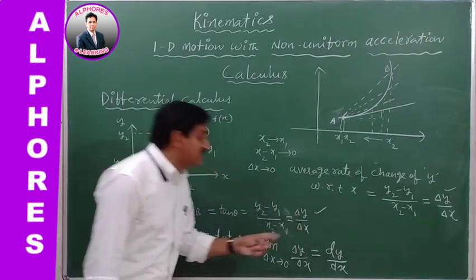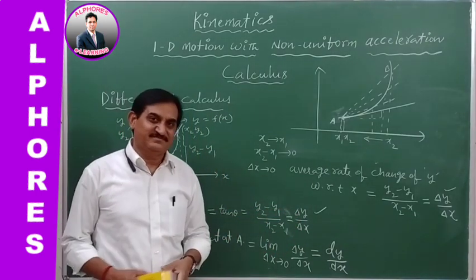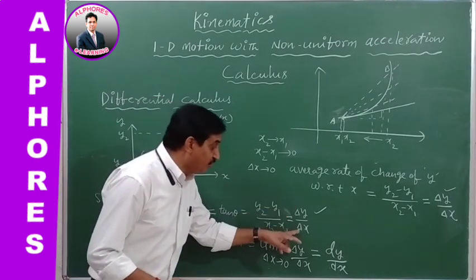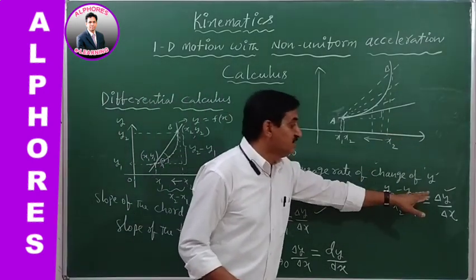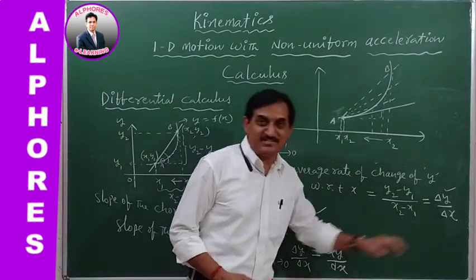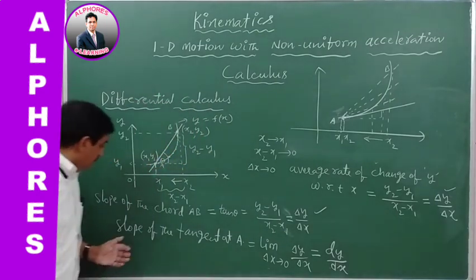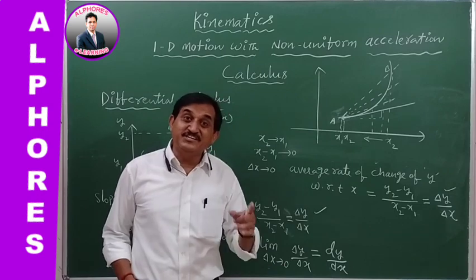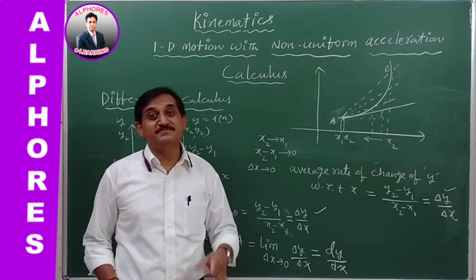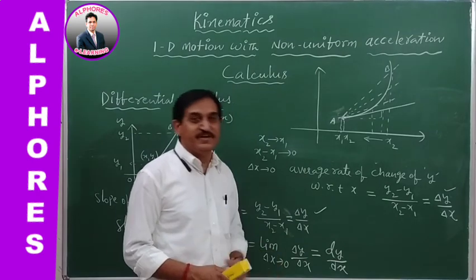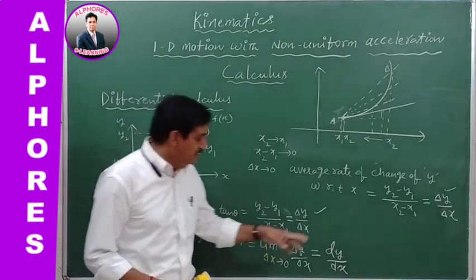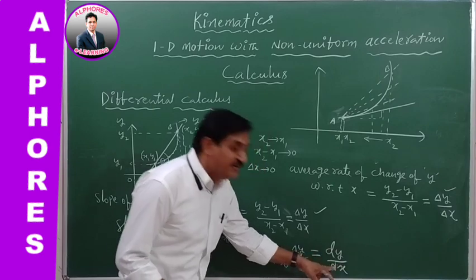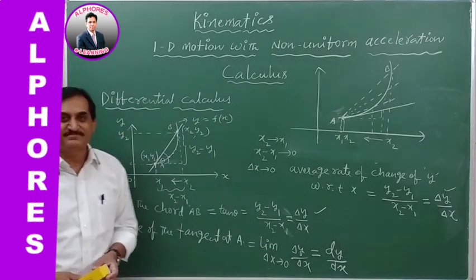Delta y by delta x is the slope of the chord, which gives the average rate of change of y with respect to x. Now the slope of the tangent gives the instantaneous rate of change of y with respect to x, which is known as the differentiation of y with respect to x.